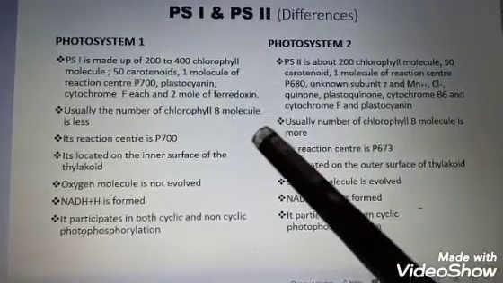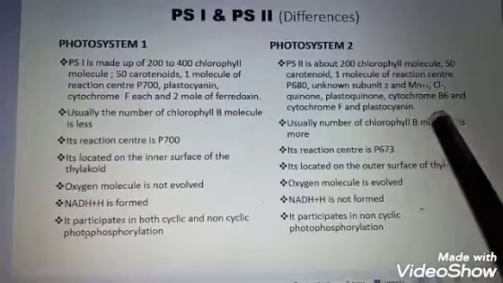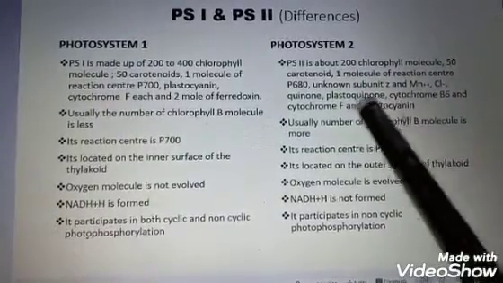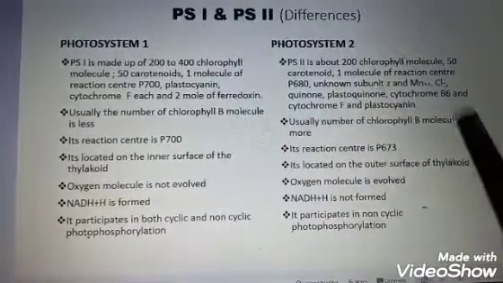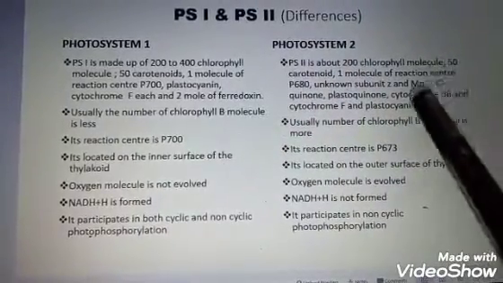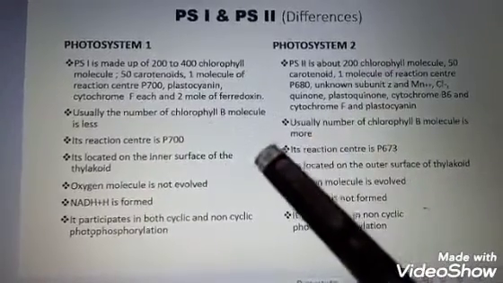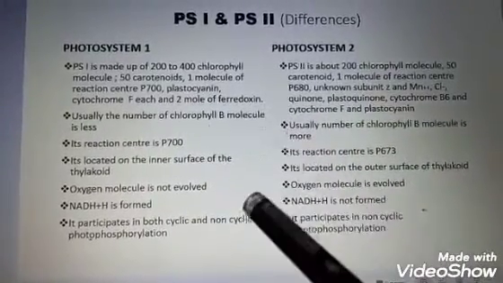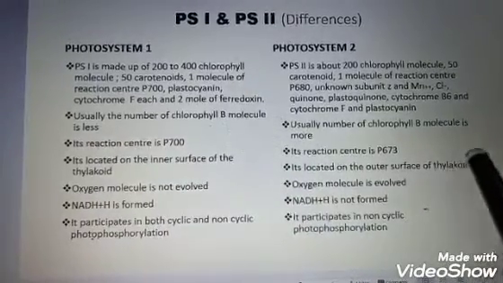The number of chlorophyll B molecules is less in photosystem 1, whereas it is more in photosystem 2. The photosystem 1 reaction center is P700, whereas the reaction center of photosystem 2 is P673. Photosystem 1 is located on the inner surface of the thylakoid membrane, whereas photosystem 2 is located on the outer surface.